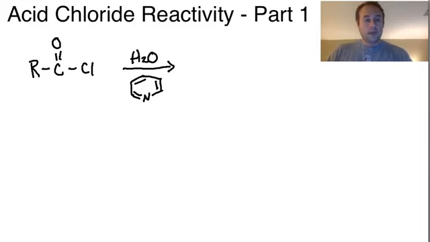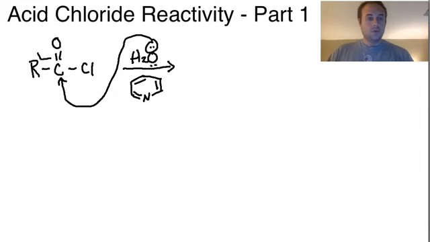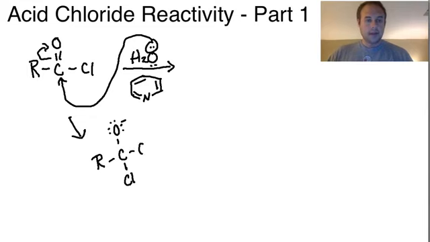So what's going to happen here? The water is going to come in, all right, it's going to act as a nucleophile, and when I do this, I will end up with, again, the tetrahedral intermediate. We're going to see this as a very common theme as I go along, right? So here we go, and now I just got water to come in here.